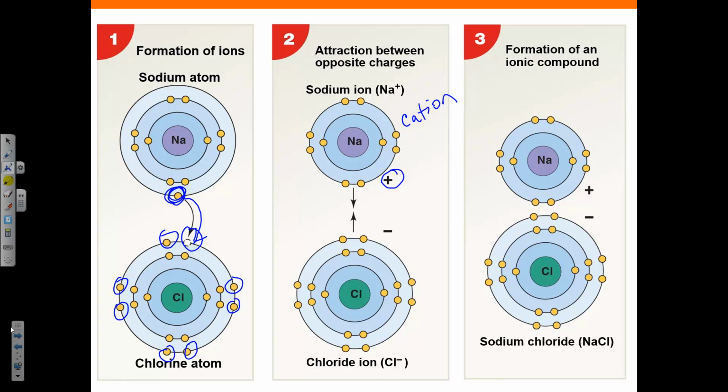You can think cations have that plus with that T in the middle, so you can know that they are the positive charged ion. And chlorine gained this extra electron, the one that sodium gave it, so as a result it's carrying one more than usual when it's neutral, and it will take on that negative charge and become an anion. When chlorine becomes an ion, its name changes to chloride, and this is known as a chloride ion.